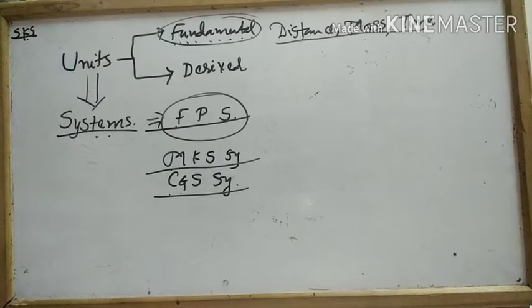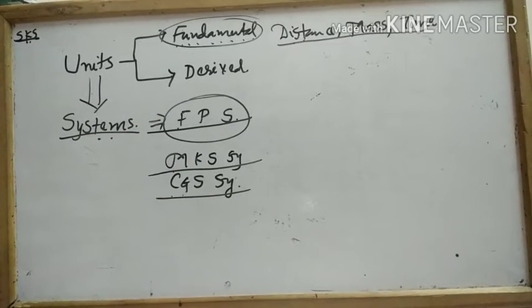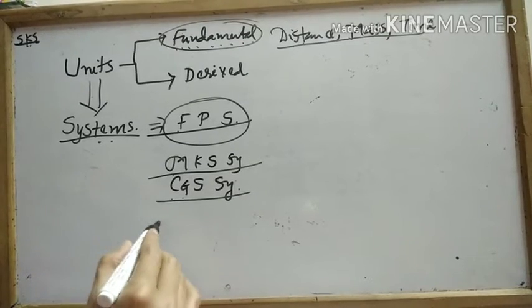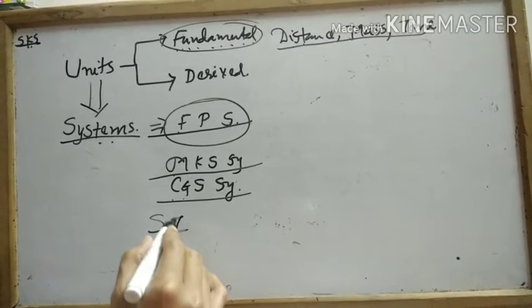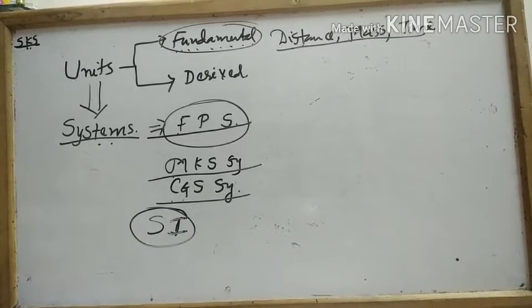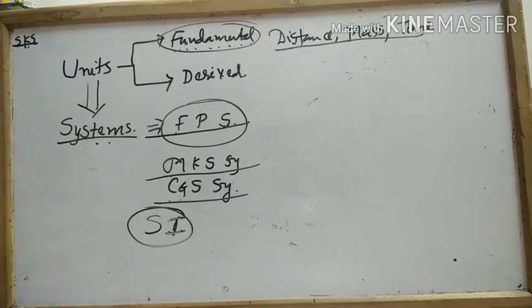Later on, more fundamental quantities were discovered, and it was found that the systems whichever are prevalent are not adequate to go for the universal acceptance. So there was a new system which is prevalent now, and we use it internationally. It is called as a standard international. It came into existence around 1960. Fine.